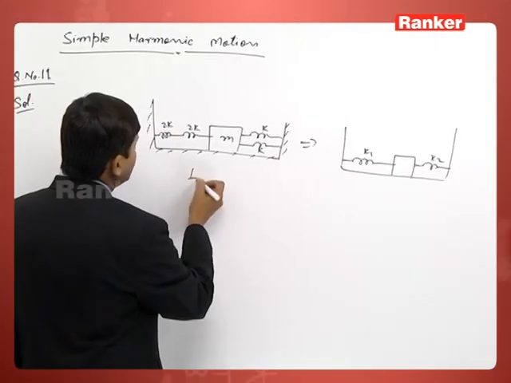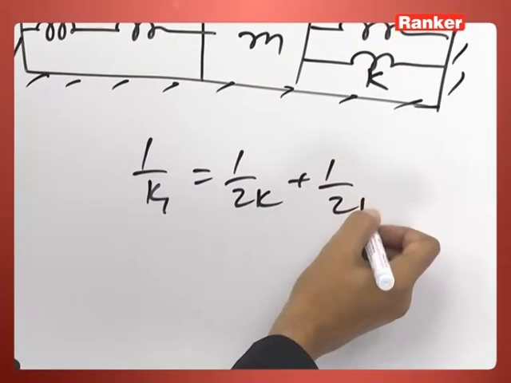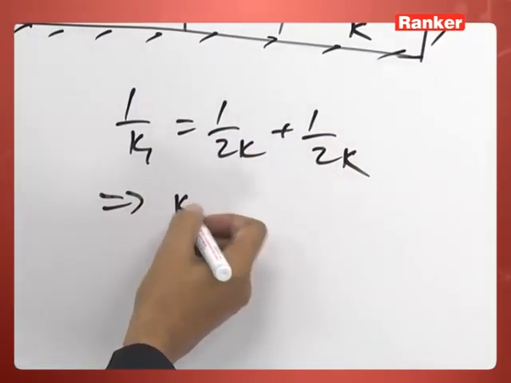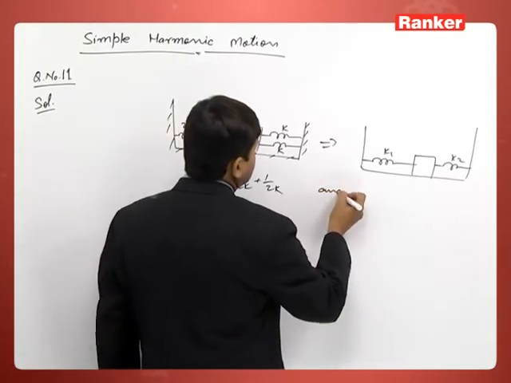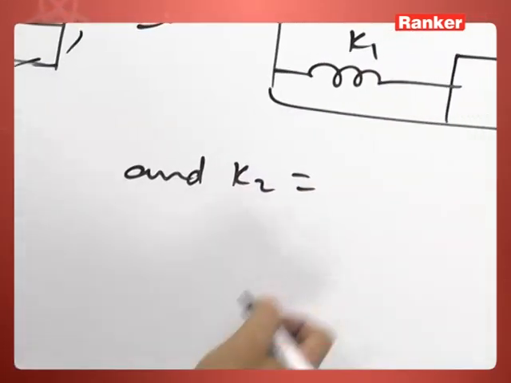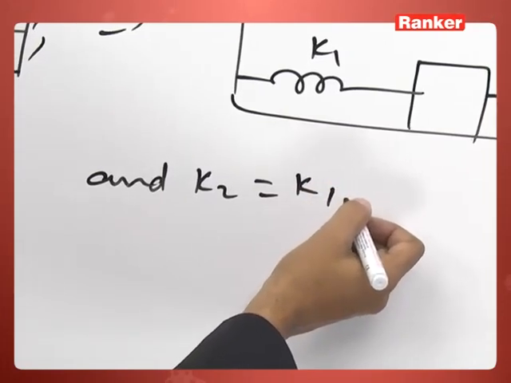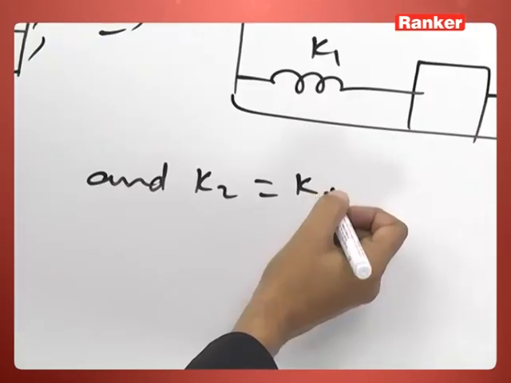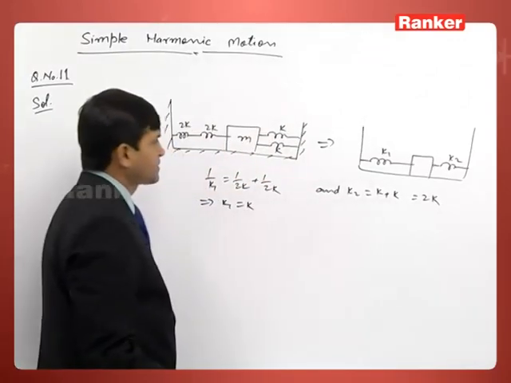Where 1 by K1 is equal to 1 by 2K plus 1 by 2K. So K1 is equal to K, and K2, these 2 being in parallel, is K plus K, which is 2K.